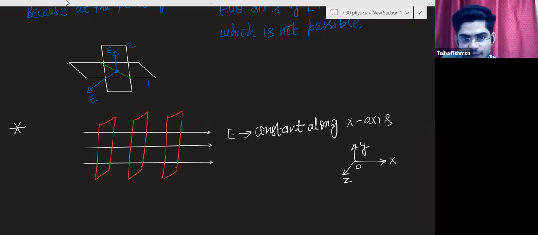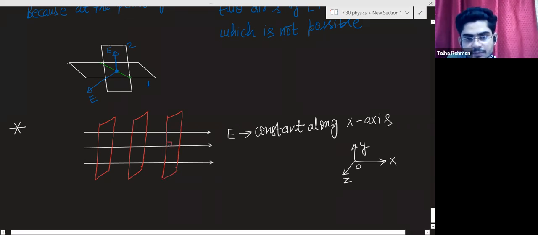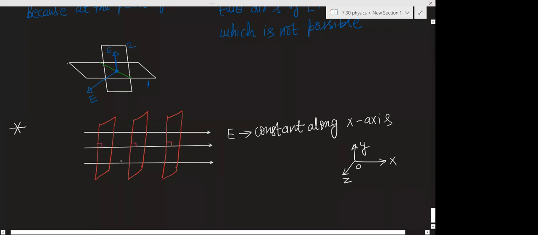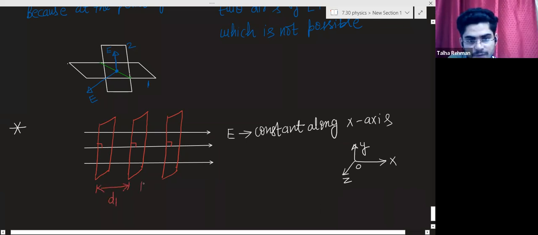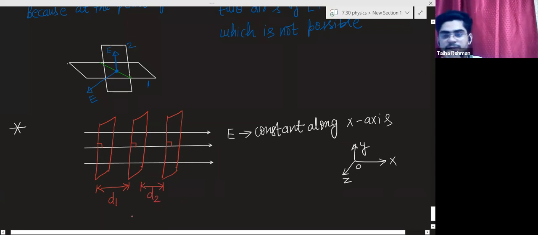So these equipotential surfaces will be perpendicular to this electric field, like this. This is distance d1 and this is distance d2. Now Harsh, what is the relation between d1 and d2?